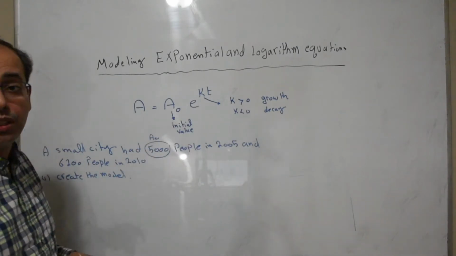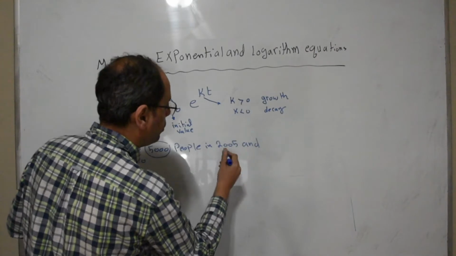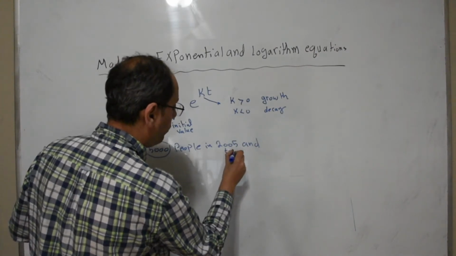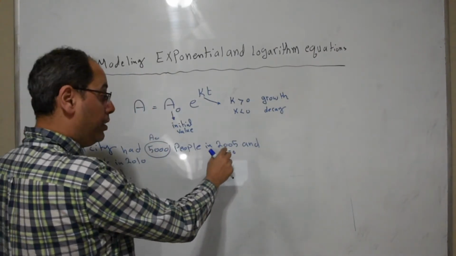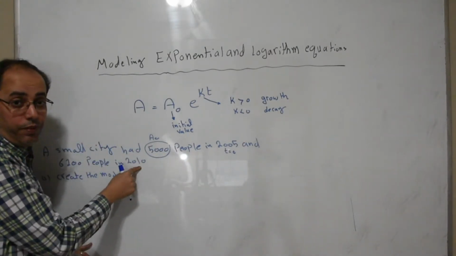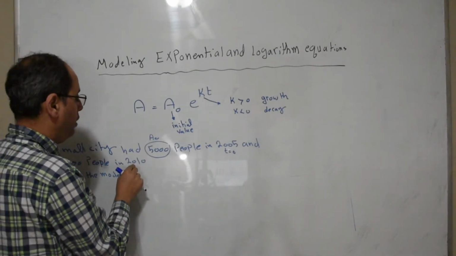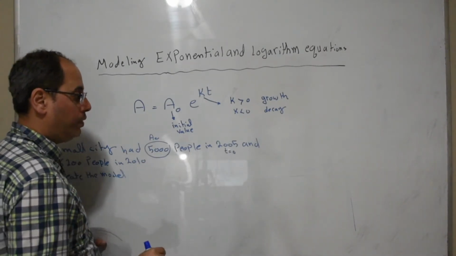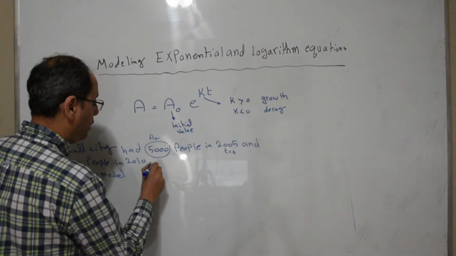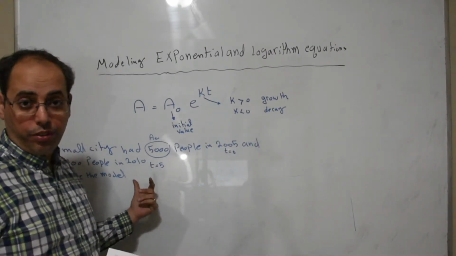This is the initial time, so I'm going to call this T 0. If in 2005 T is 0, what is T here? You subtract 2010 minus 2005 to get T is 5, in other words, after 5 years.